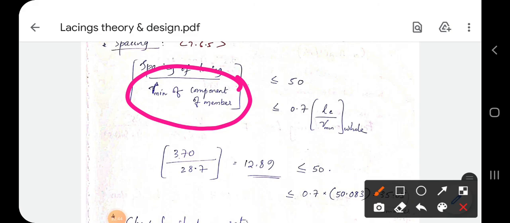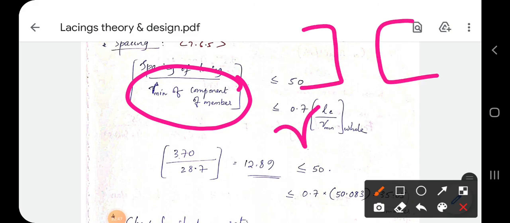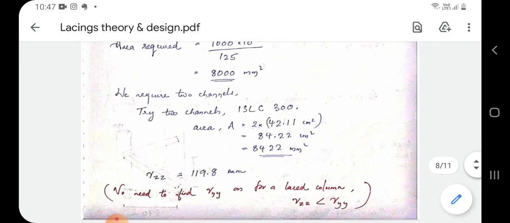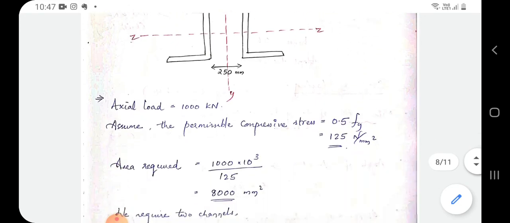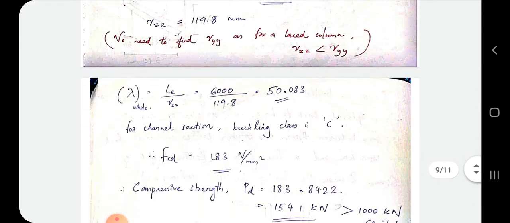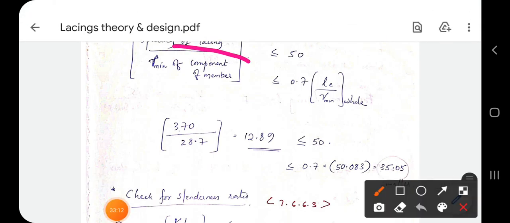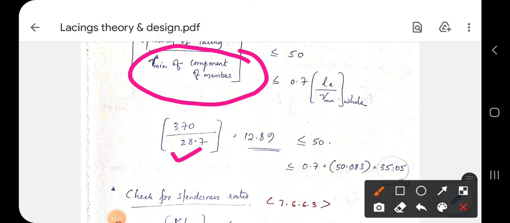For the channel section we already know the ry value and rz value. ry value is 28.7 and rz value is already found as 119.8. So for r minimum of component member, we have to take the actual lower value, which is ry 28.7.